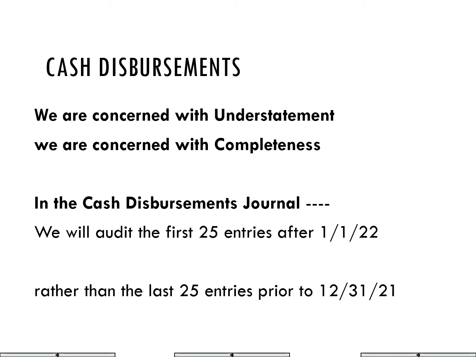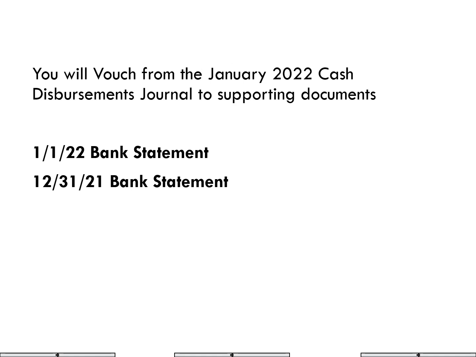For cash disbursements, we're concerned with understatement, we're concerned with completeness. We will audit the first 25 entries in the January 2022 cash disbursements journal. We're going to vouch from the January 2022 cash disbursements journal to the bank statements, the January 2022 and the December 2021 bank statements.